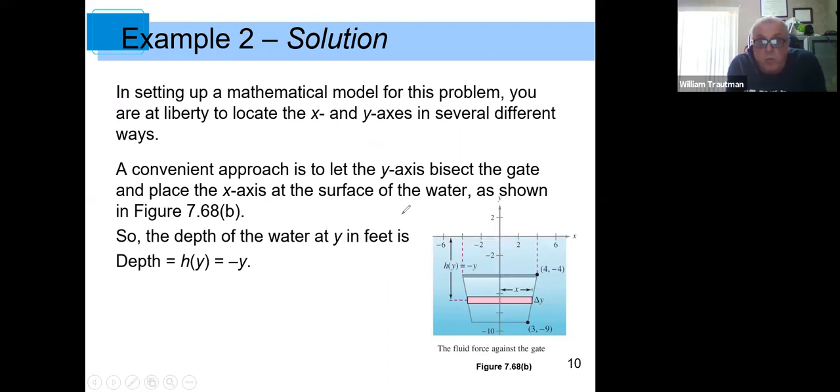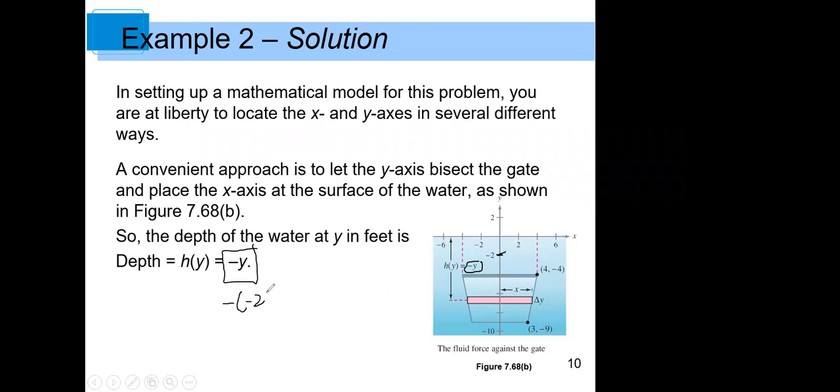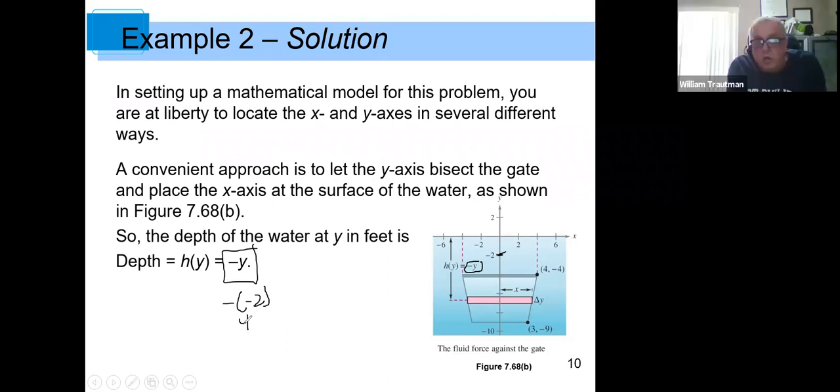So the depth of the water in feet is negative y. People get this confused. The formula that we use for the depth of the water is negative y. Because if we look at this, this is negative 2 feet. So if I put negative 2 in for y, do you see it becomes positive? So this is a positive 2 feet below the water line.